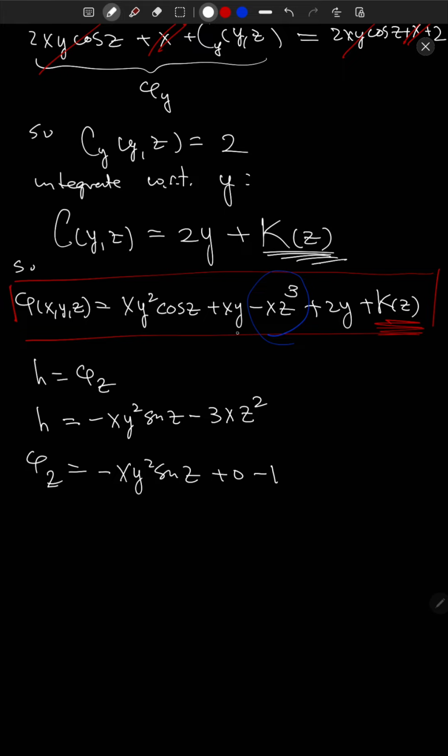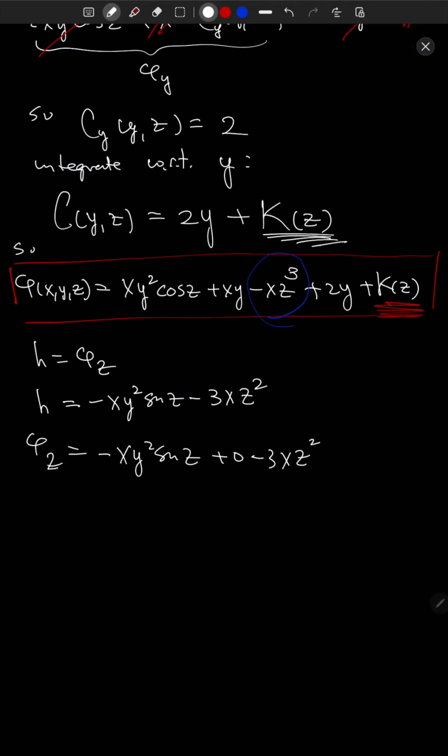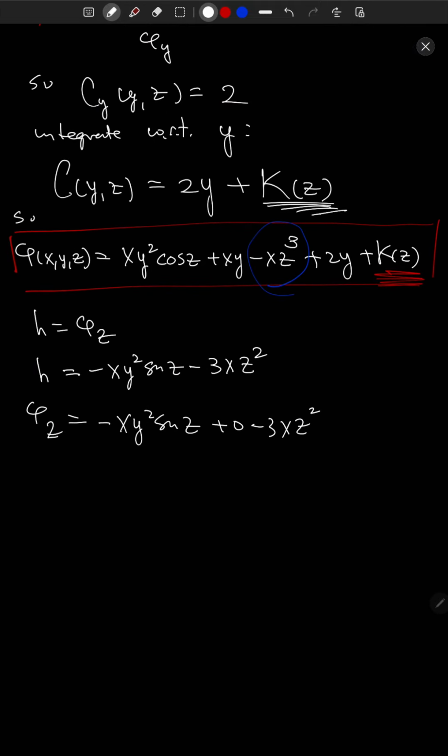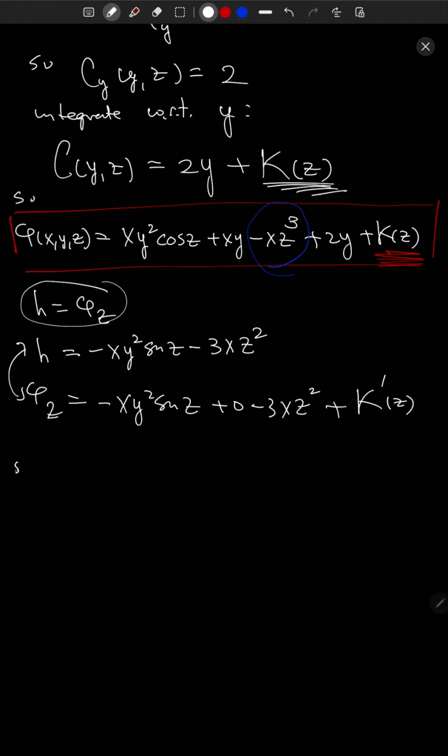So let's see. That looks okay, that looks okay. And then this one should be minus 3xz squared. Oops, sorry. When I differentiate with respect to z, the 2y goes away. And then when I differentiate the k with respect to z, k is just a one-variable function of z, so I'm just going to call it k prime of z. Okay, so h is equal to phi sub z, and so these two have to be equal.